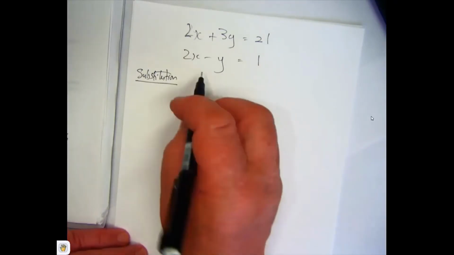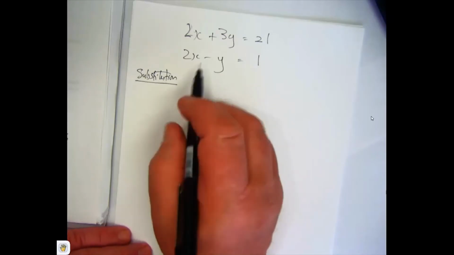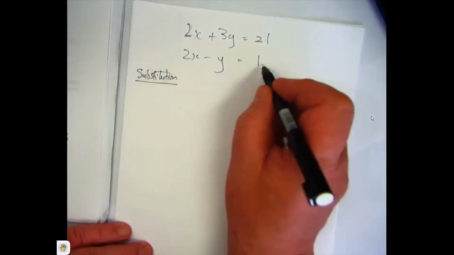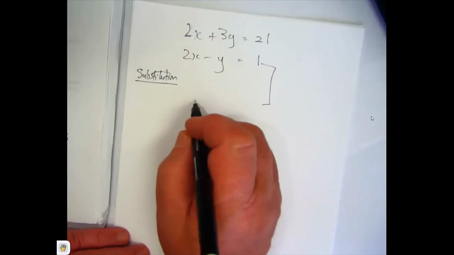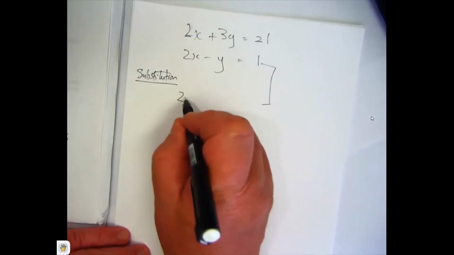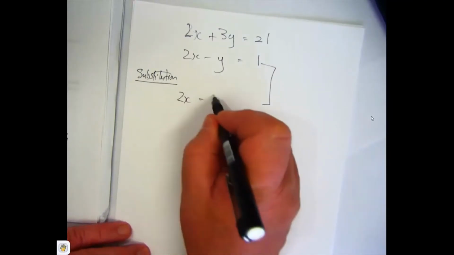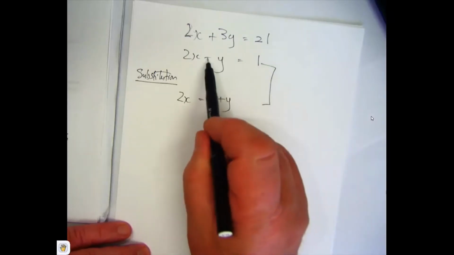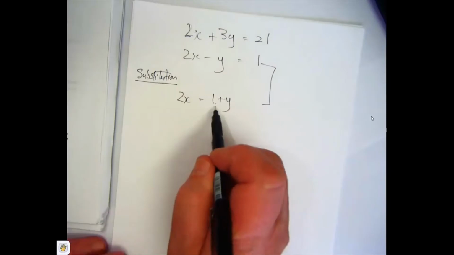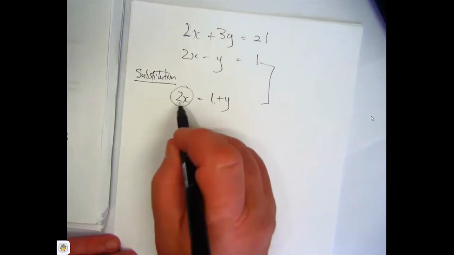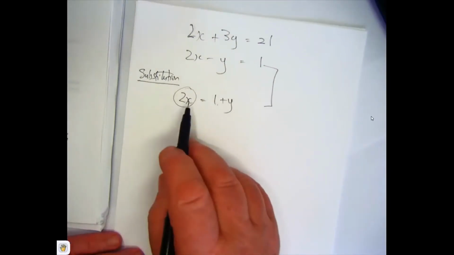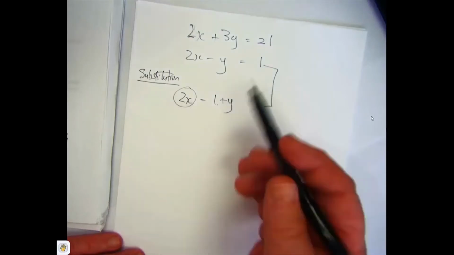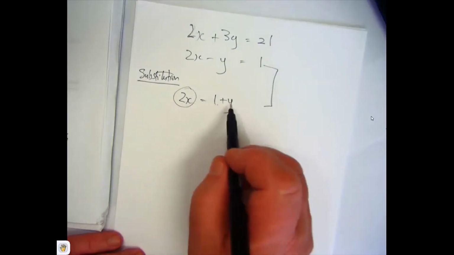Right, first of all, in the book we can transpose the second equation. If I take this one here, notice that I can say this is the same as 2x equals 1 plus y. I've taken this down and brought the minus y over to this side. So now I know that wherever 2x appears in future in this problem, I can replace it by 1 plus y.